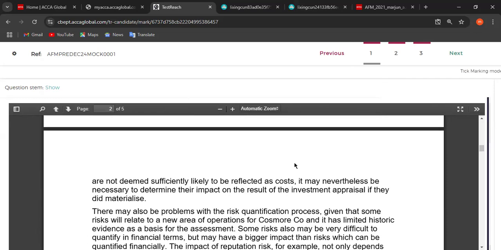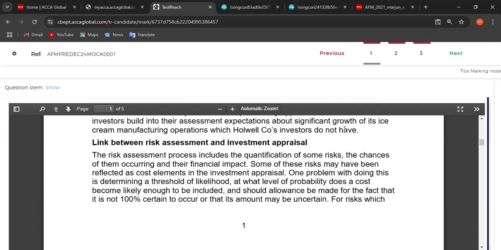For risks which are not deemed sufficiently likely to be reflected as a cost, it may nevertheless be necessary to determine their impact on the results of the investment appraisal if they did materialize. So what the examiner is saying, the examiner is talking about the link between the risk assessment and the investment appraisal. The risk assessment process includes the quantification of some risks, the chances of them occurring, and their financial impact.